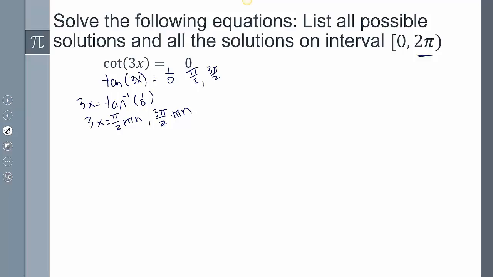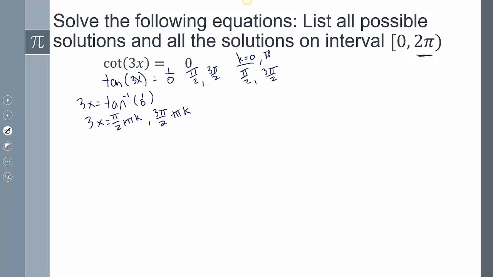Now the issue here is this is actually being redundant. If I start plugging in values for k, I wrote n. You can write k if you want, or n, it doesn't matter as long as you're consistent. If I plug in k equals 0, I'm going to get pi halves and 3 pi halves.